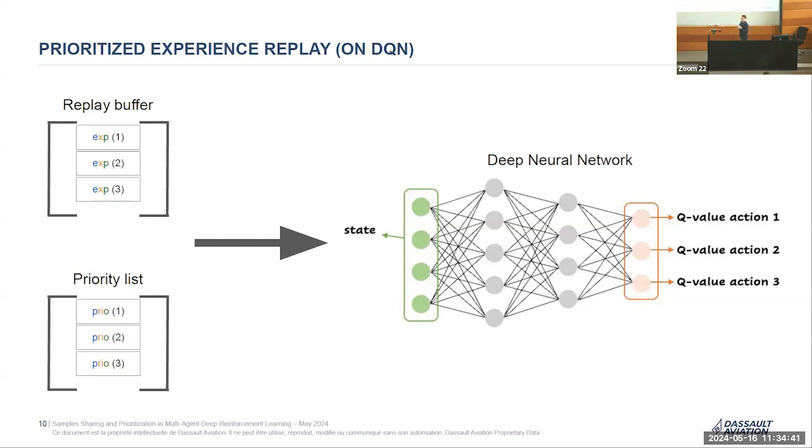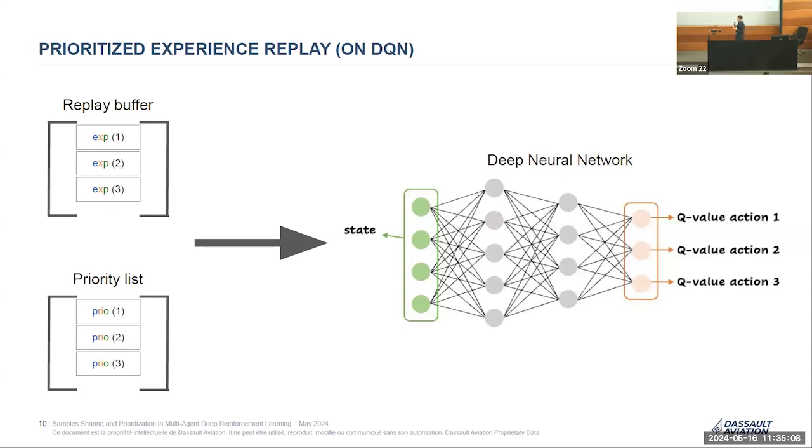And how do we compute the priority list? Well, in prioritized experience replay, the priorities are the temporal difference errors. For those who are not familiar with the temporal difference errors, let's say that it's just the per sample loss. So basically what it means is that we are sampling the experiences where the agent makes the most mistakes, where it has the most to learn.